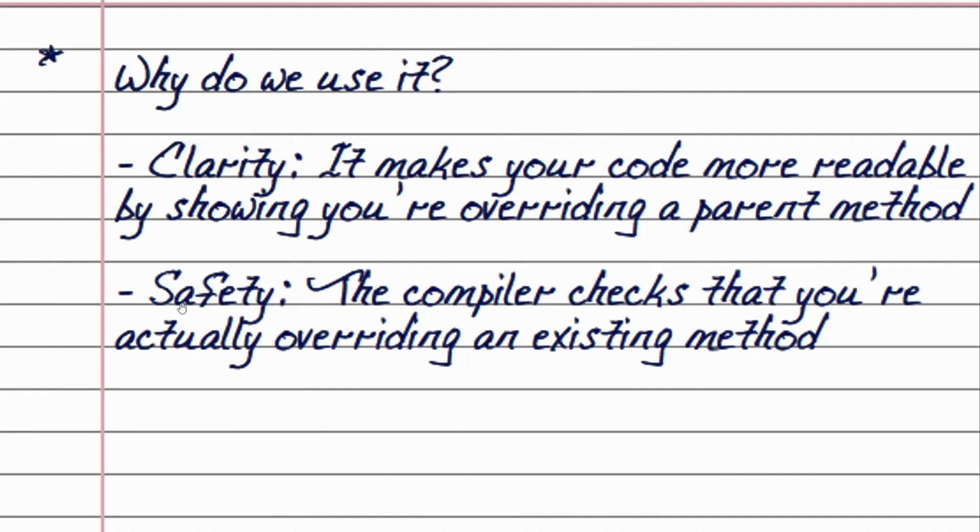So next is safety, that is the compiler checks that you are actually overriding an existing method. As I have discussed just now, the compiler checks if we write an annotation in the child class, then in the parent class the method should be present with the same name and the same parameters.